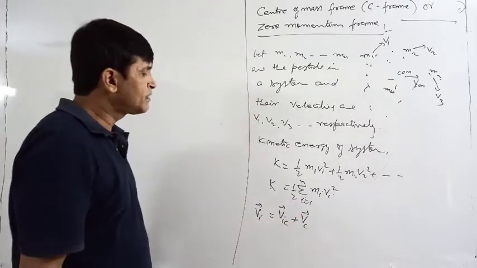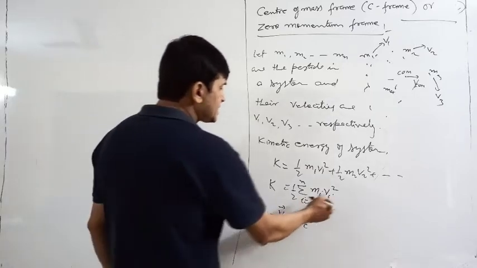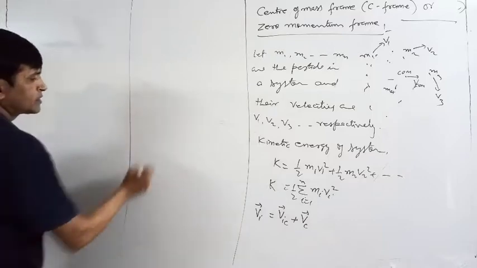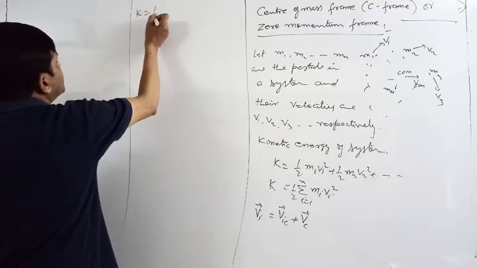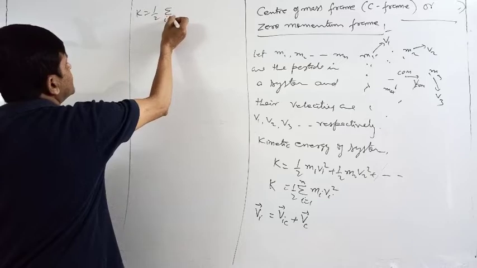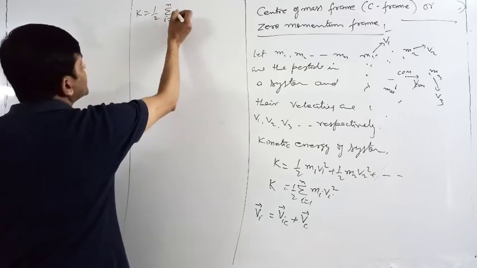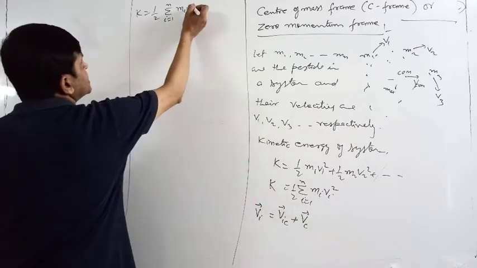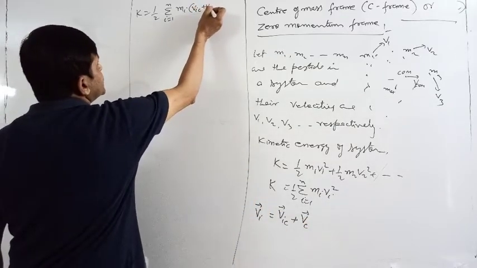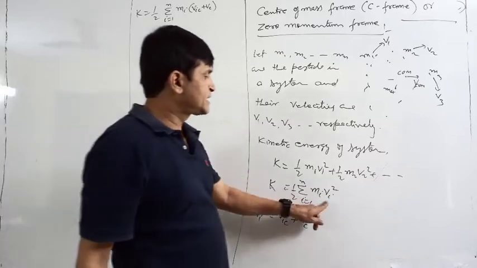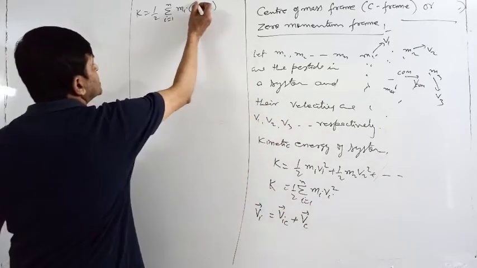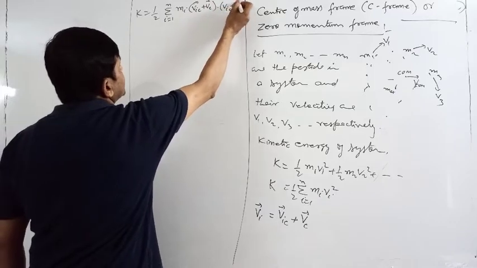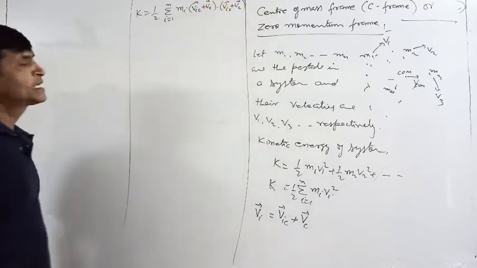Vc is the velocity of center of mass. So K is equal to half summation of mi vi square, where vi is vic plus vc, and the square means dot product, so I can write the dot product of (vic plus vc) with itself.